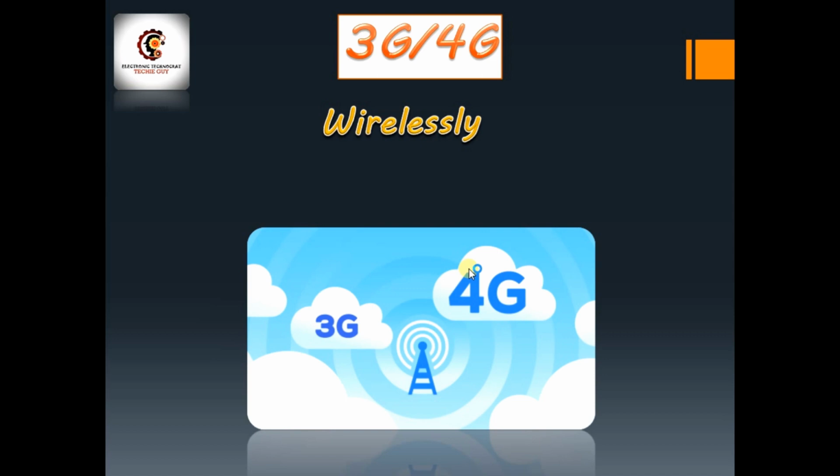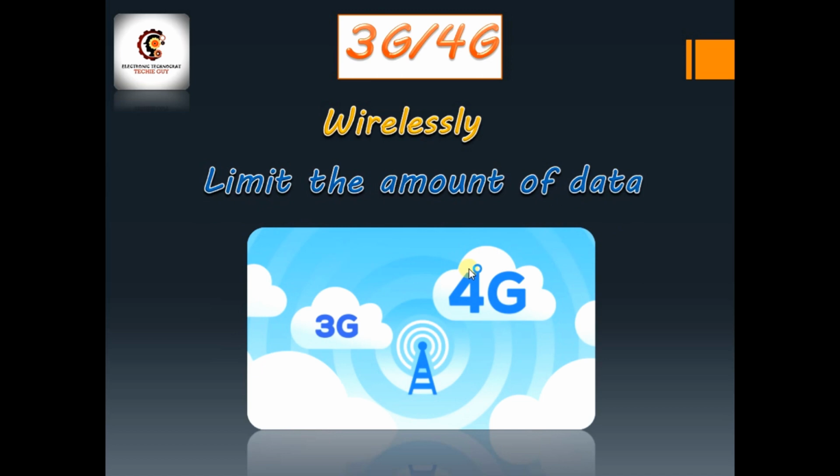They will also limit the amount of data you can use each month, which isn't the case with broadband plans. So the advantage is they can limit the amount of data, but the disadvantage is they aren't always as fast as DSL or cable TV services.